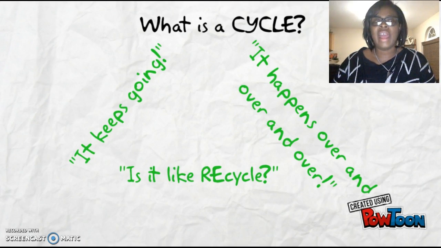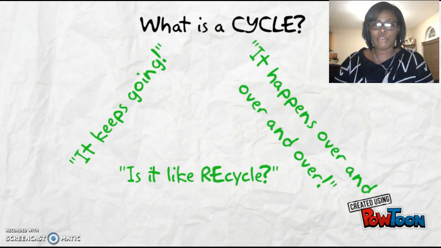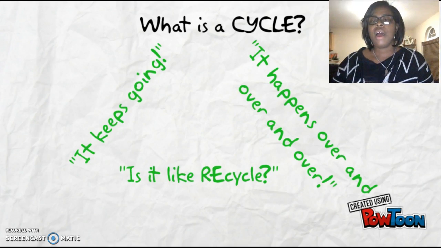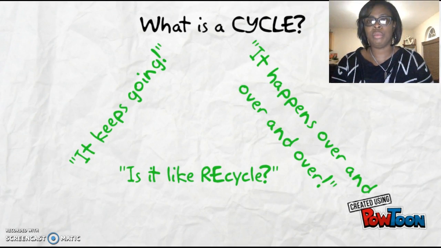Recycling is something that promotes things that have been used to be used again in a different form, of course. And of course, cycles do keep going, and we can always bring in some information about bicycles and tricycles and how the wheels just keep going unless you stop. So, we can bring those things in to make some connections.